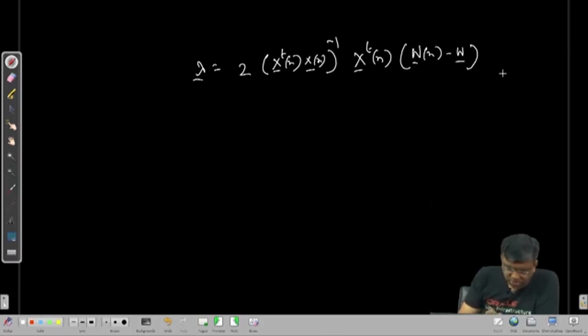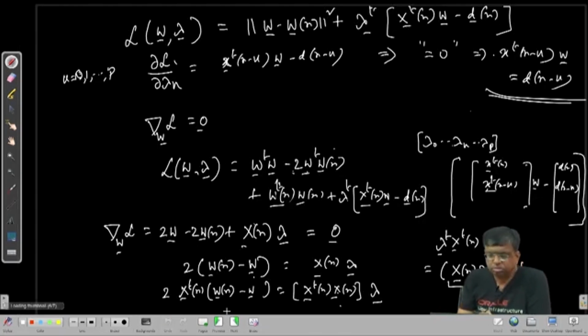So, this is lambda, and the constraint that we had: X transpose n w is equal to d n.